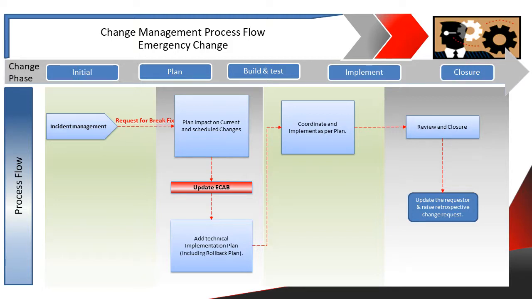Then the requester is updated with the exact status: is it rolled back or implemented, and all the status. The requester then goes to the system and raises a retrospective change request and documents every step that was done. It is discussed in the next CAB meeting, and finally all the stakeholders know what break fix was implemented.